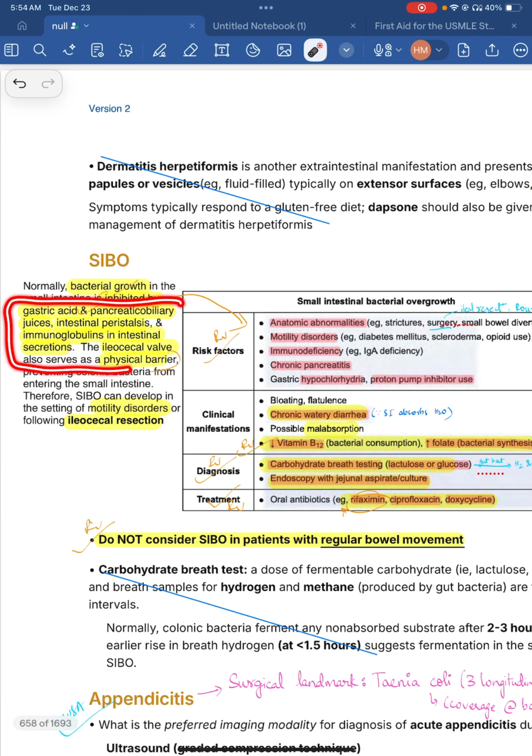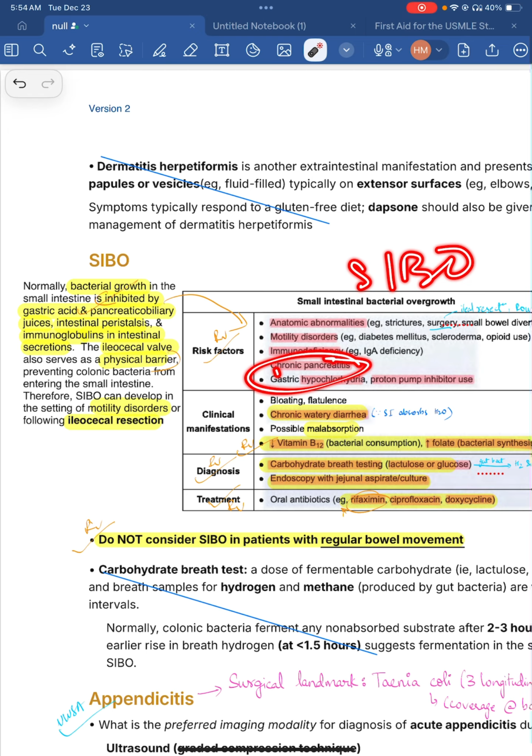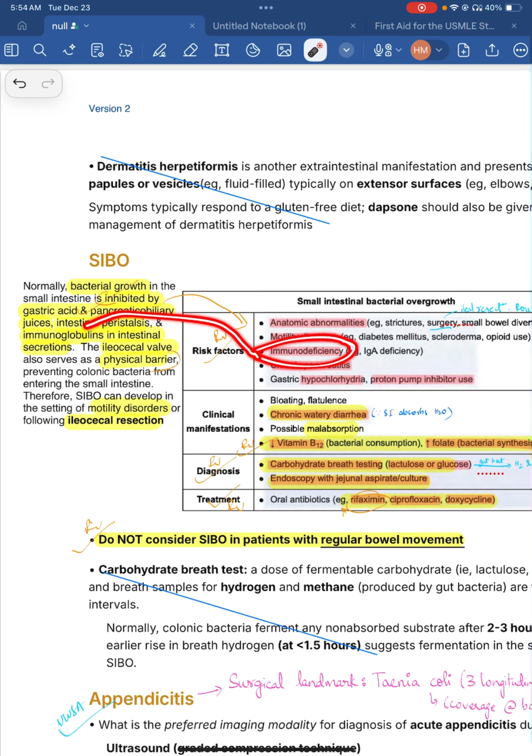Whatever we had discussed here, right? Gastric acid was preventing the bacterial growth. So if there is gastric hypochlorhydria or proton pump inhibitor use, then you might see SIBO. Pancreatobiliary secretions or juices were preventing the growth, and then immunodeficiency, that is IgA deficiency. Immunoglobulins were preventing the growth.